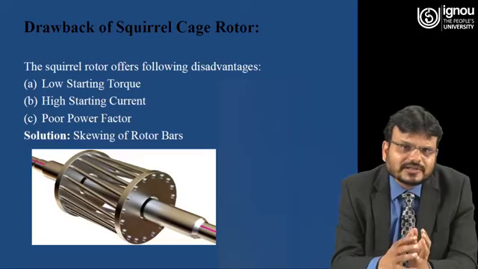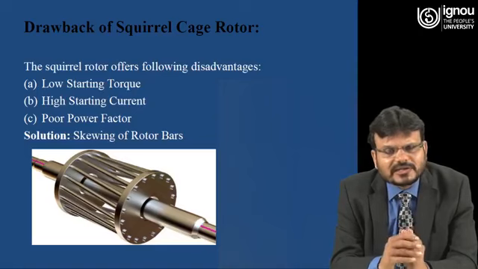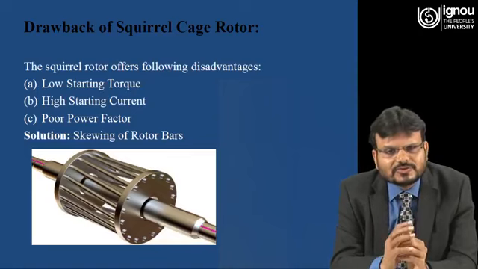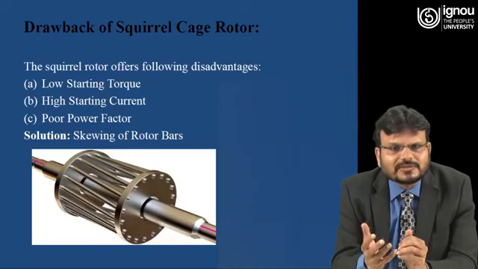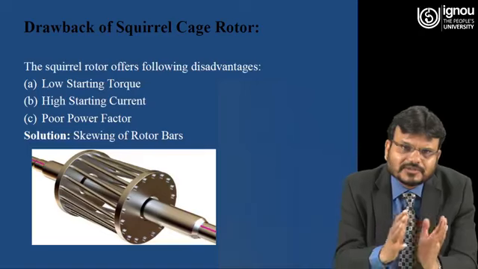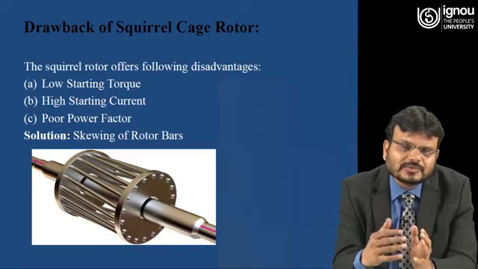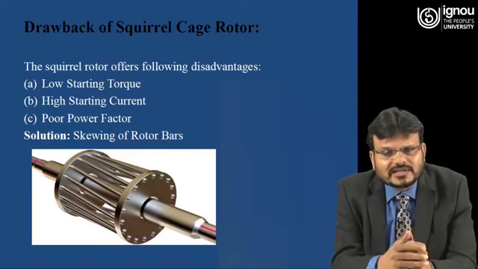Like you are giving 1 kilowatt power input, and the power factor is suppose 0.7. So 1000 multiplied by 0.7 will be around 700 watts. You are giving 1000 watts of power to the induction motor, but you are able to utilize only 700 watts.